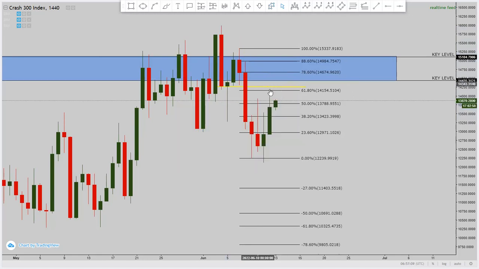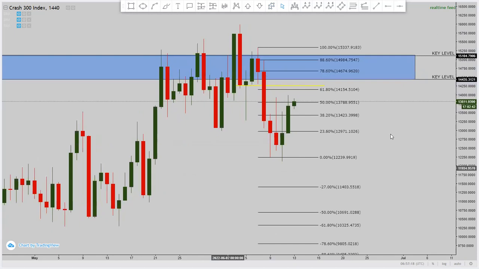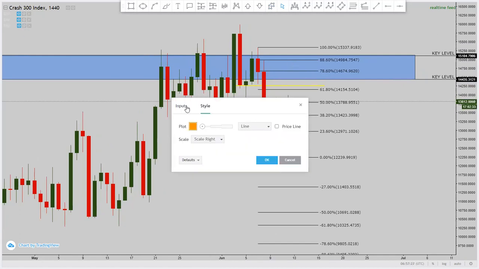Another factor, it would also be on the Fibonacci, 61.8 Fibonacci. So those three significant confluences, plus you can also include your 50 exponential moving average. You can also include it as an additional confluence.